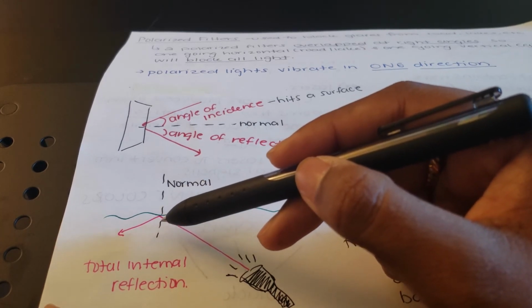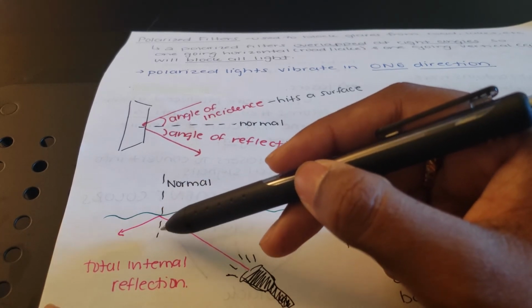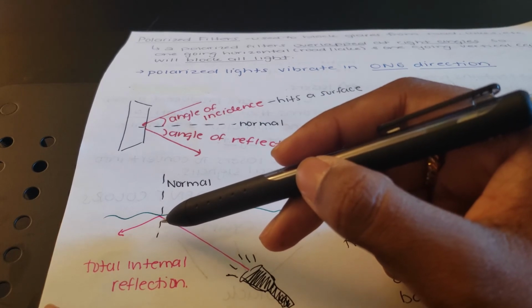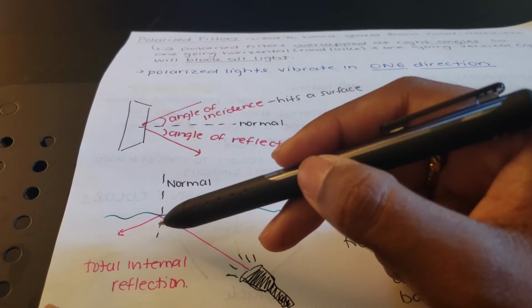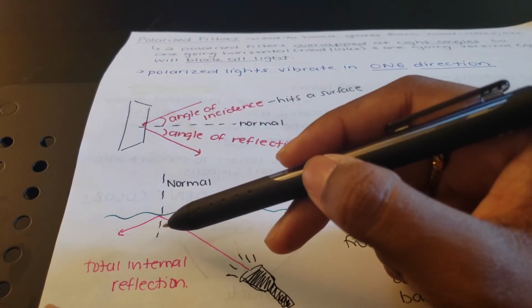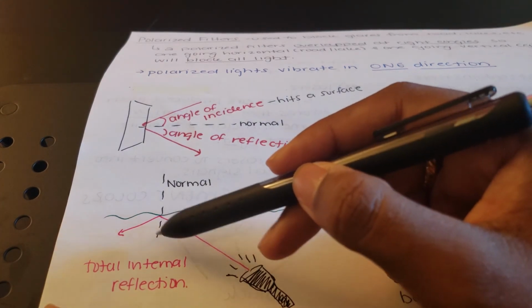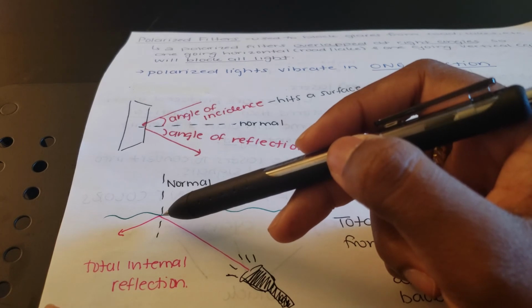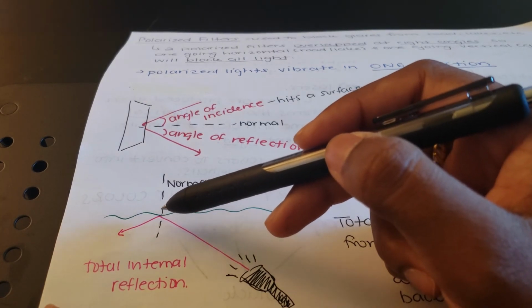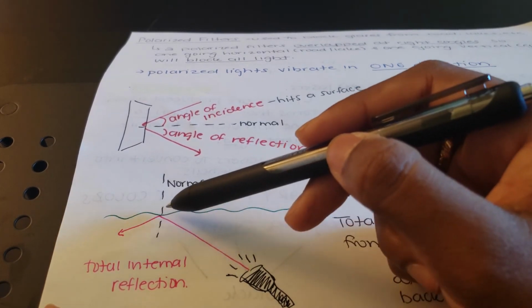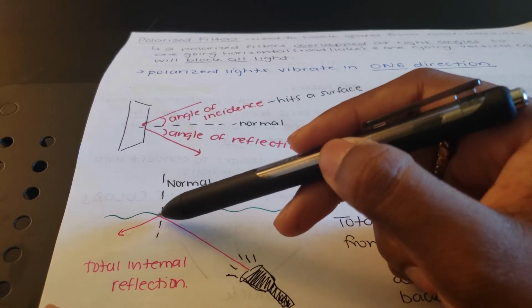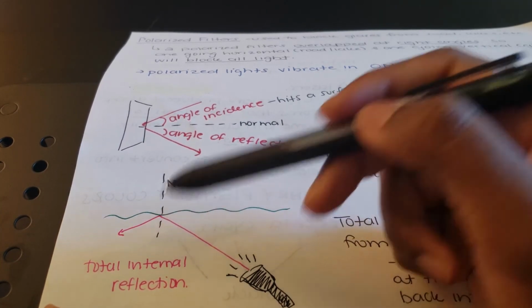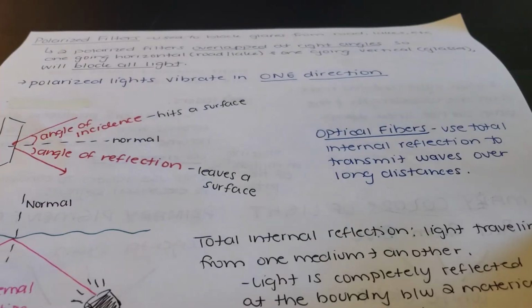A lot of you guys totally understood what this was based on your homework answers. Basically, total internal reflection happens when you're greater than your critical angle, which is a lot smaller. And in total internal reflection, you're reflecting all of the light that is hitting this boundary between the water and the air back into the water, as if almost there was a mirror here and it's being completely reflected back in. Okay, so that is what total internal reflection is.